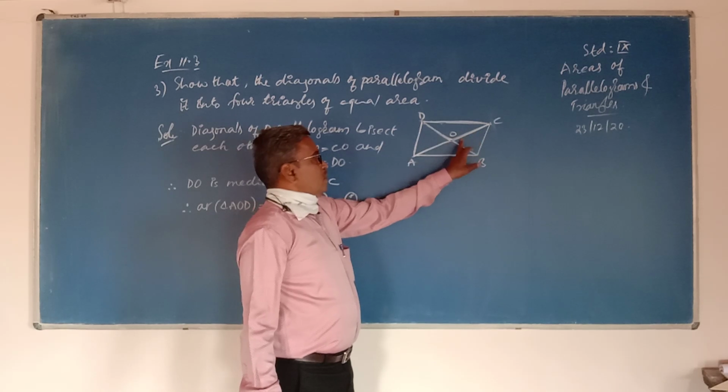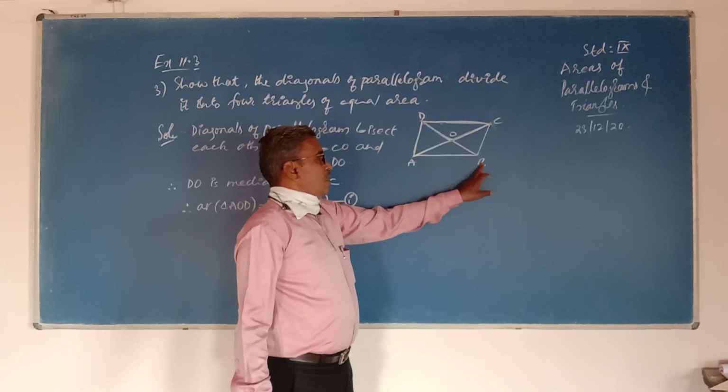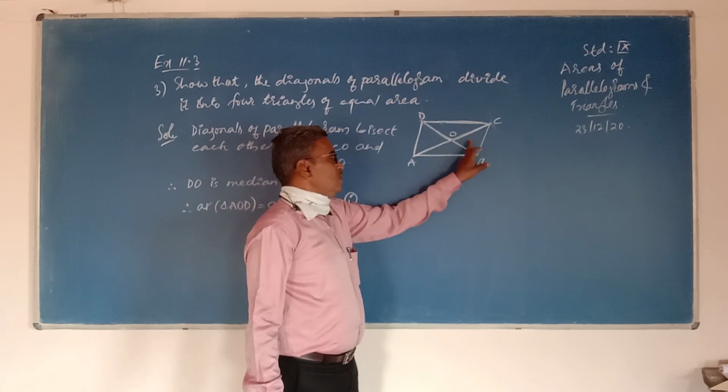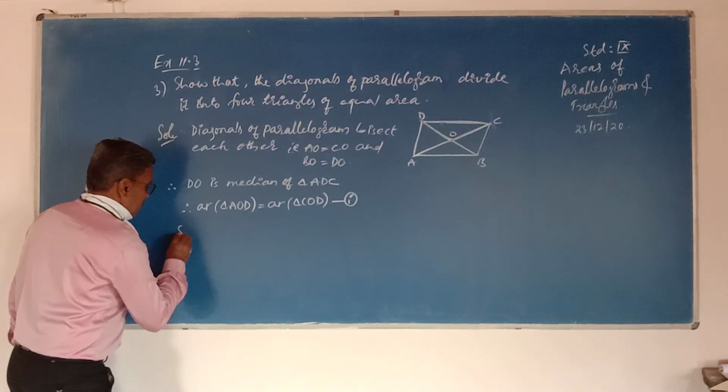Similarly, what can we write? O is the midpoint of DB also. At that time, CO is the median. Therefore, COD equal to COB. Directly I am writing now.